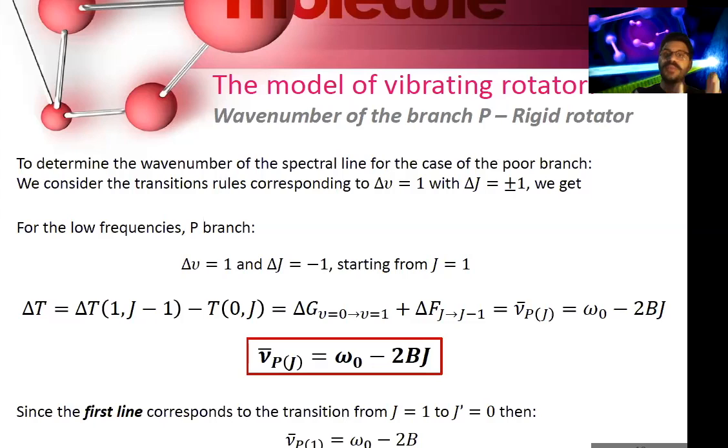For the P branch, it's the lower frequency, so it's the side on the left. What we have is obviously a delta V equal +1, in case of absorption. We are moving one step in V, in vibration. But for the P band, it's where delta J equal -1.